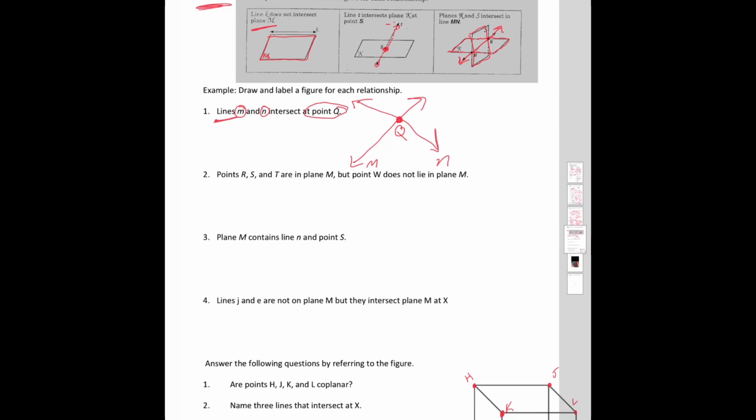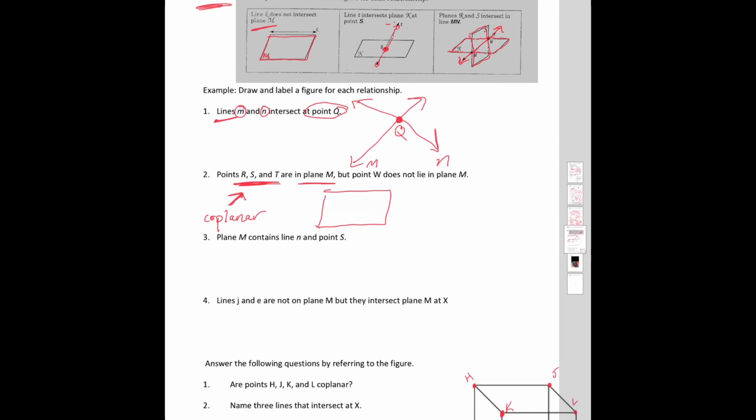Now this applies for number 2 to an example we did up top. Points R, S, and T are in plane M, but point W does not lie in plane M. So these 3 points are in the plane M, so these 3 points are coplanar points. Let's show our plane M here.